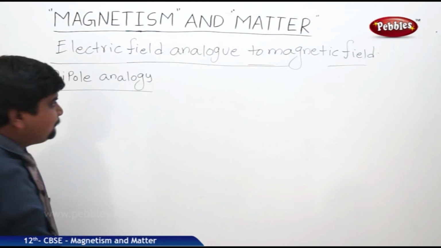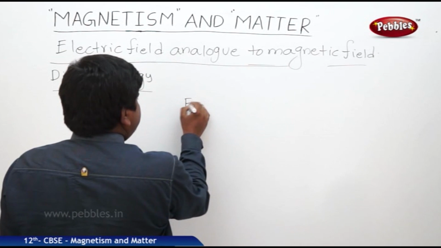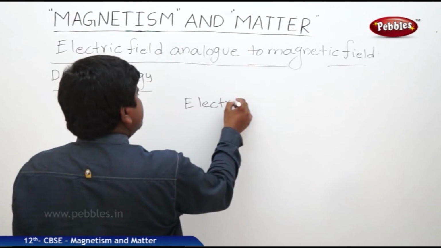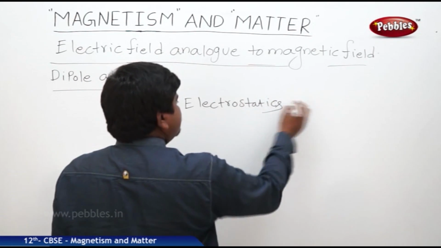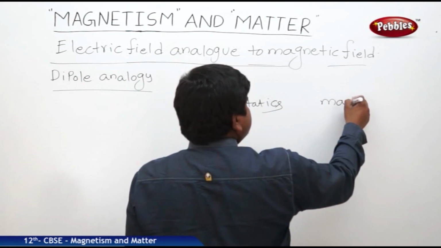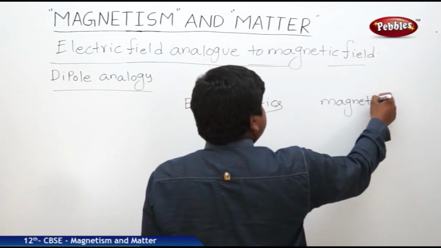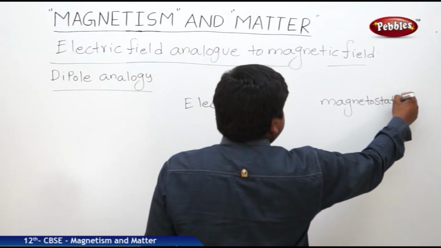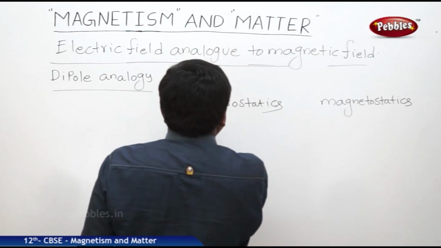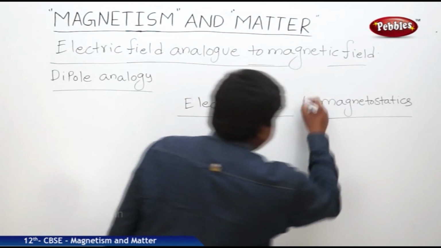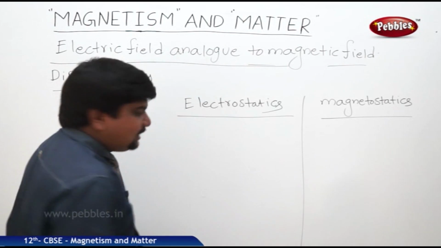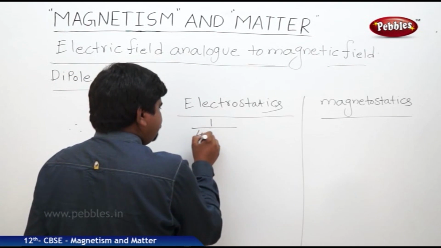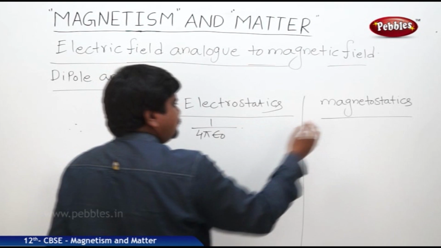If this is the case, we will see electrostatics and magnetostatics. The symbol in electrostatics is 1 by 4 pi epsilon naught.